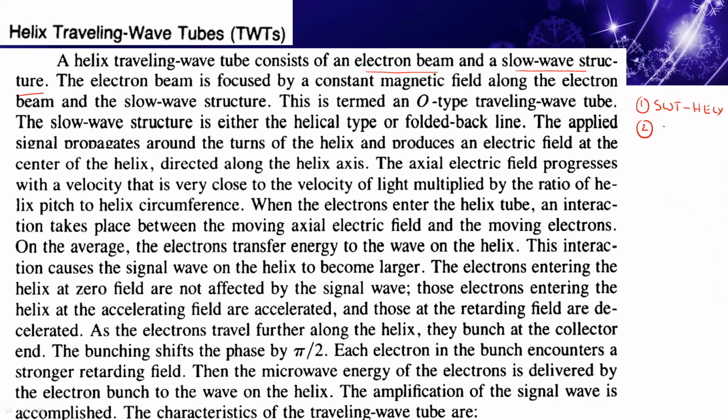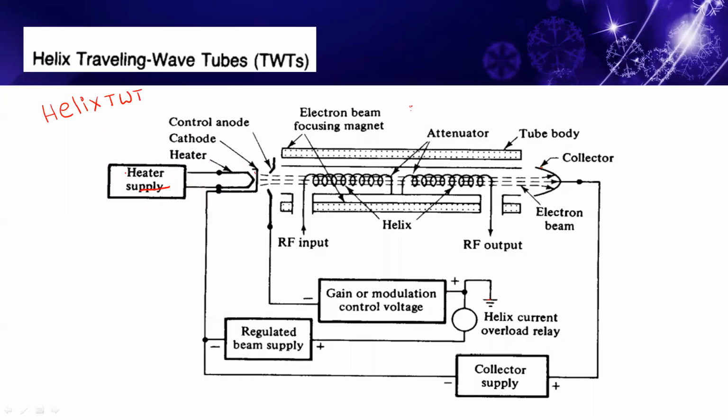Regularly, like our two cavity klystron and reflex klystron, the electron beam is simply called the E beam. So it consists of the electron beam and slow wave structure. To create a beam of electrons, here we have an electron gun now.